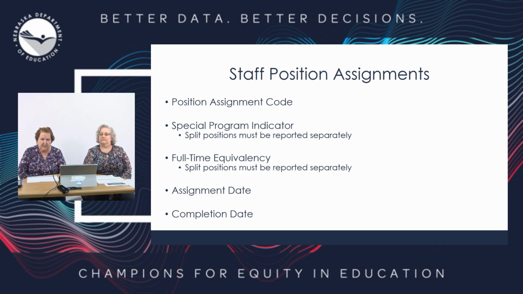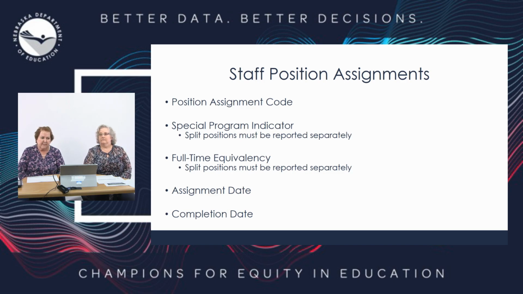The special program indicator is where you tell us what funding that position is utilizing. Some staff have multiple positions and multiple special program indicators. For each combination of position assignment and special program indicator, they should have a staff assignment record.